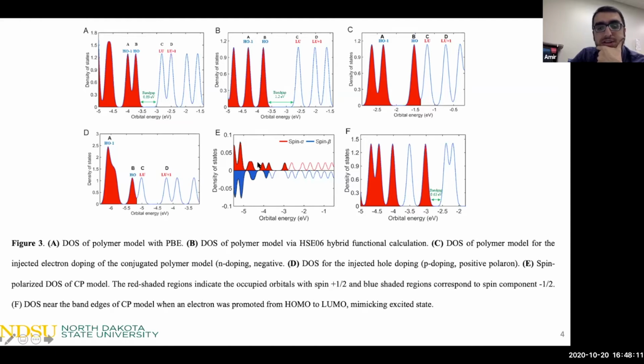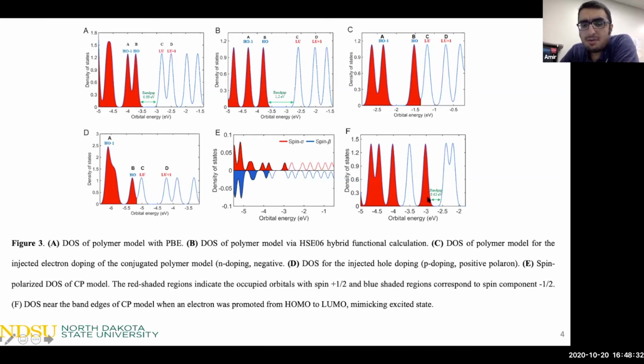As we discussed in the previous figure, the orbital energies are split into two components, spin up and spin down, and the band gap shows a kind of excitation, and again has a smaller value here.